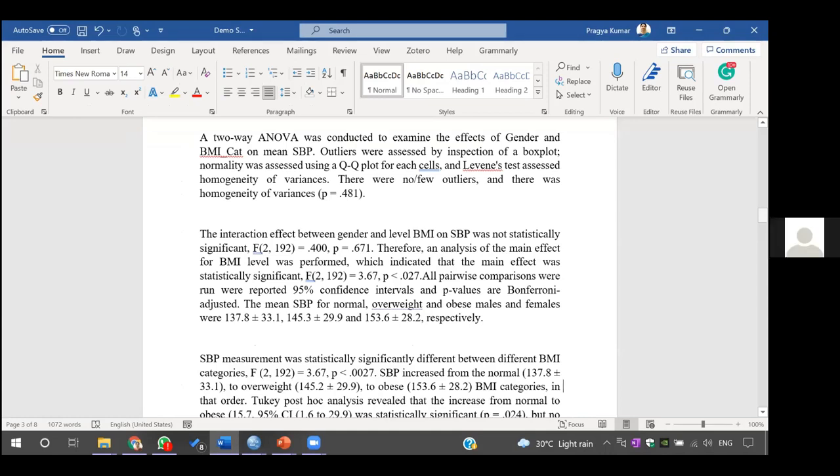A two-way ANOVA was conducted to examine the effect of gender and BMI category on mean SBP. Outliers were assessed by inspection of a box plot. Normality was assessed using a QQ plot for each cell, and Levene's test was used to assess homogeneity of variances. There were few outliers. I have written few only because there was one. So you can say there was one outlier.